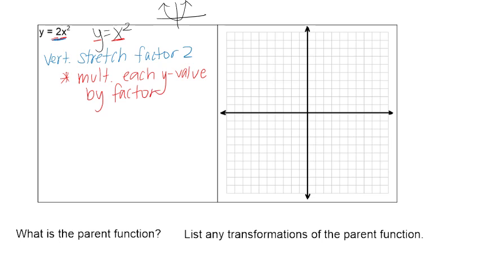Okay, so coming over here, if I start with my parent function, I'd have the point 0, 0, and all of these parent functions you should know. So when I plug in 1 for my parent function, I get out 1. Same thing with -1. When I plug in 2, well, 2 squared would be 4. I plug in 3, 3 squared would be 9.